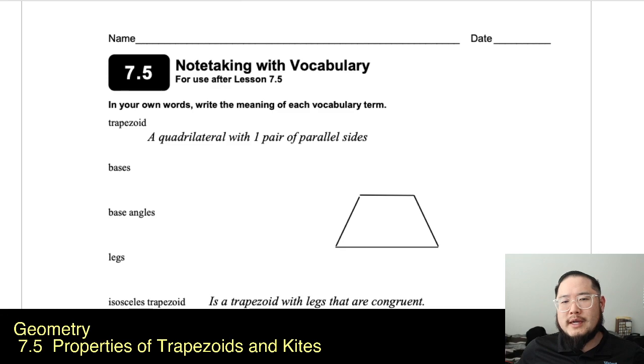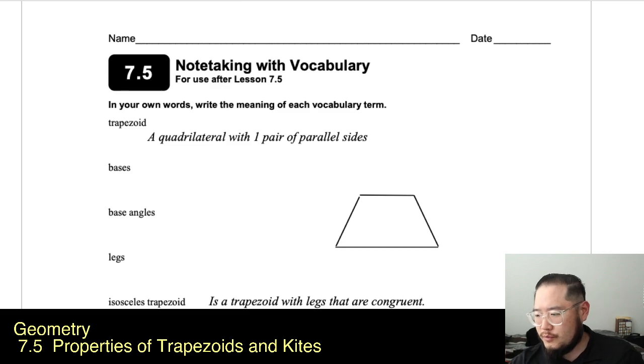So we'll take a look now at some of the properties and characteristics, starting off with the trapezoid. I'd say the basic one right here is that a trapezoid is a quadrilateral with one pair of parallel sides. You can see right there I have a diagram of a trapezoid, and the bases, we'll say, are the two sides that happen to be parallel with each other.